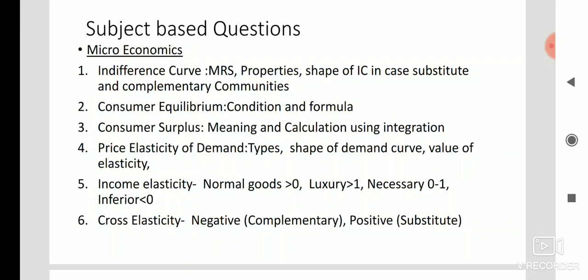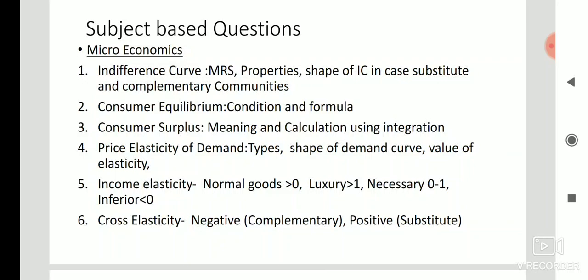Then in case of normal commodities, the shape is as usual convex to the origin. Then questions may come from consumer equilibrium. When such questions come, basically they ask about the condition or formula. The condition for consumer equilibrium is that the slope of the indifference curve must be equal to the slope of the budget line.